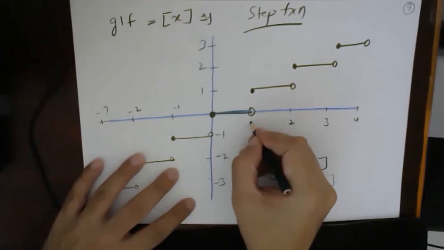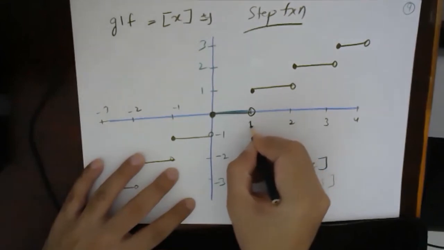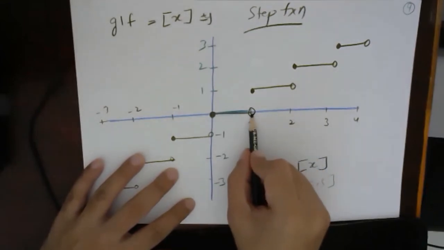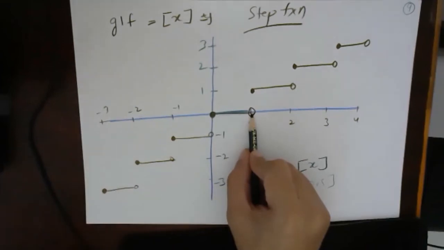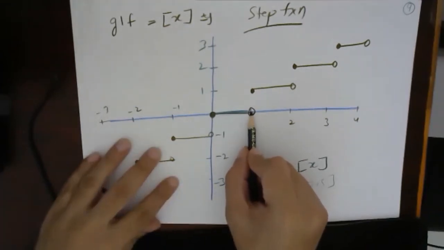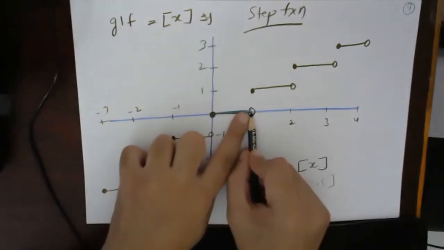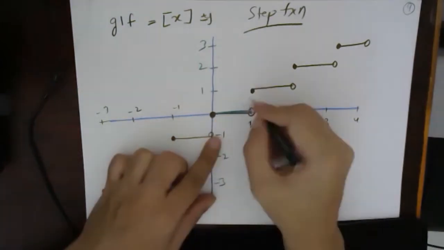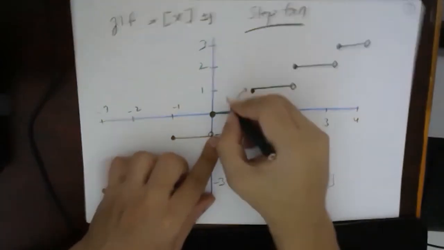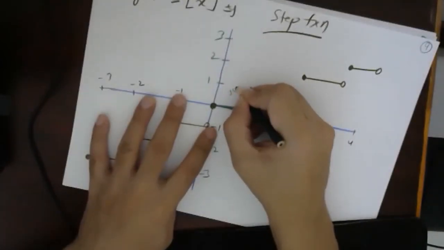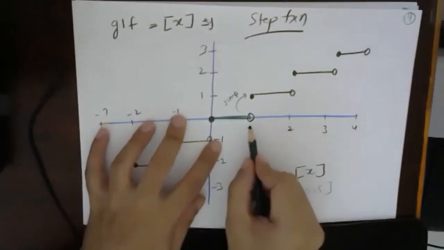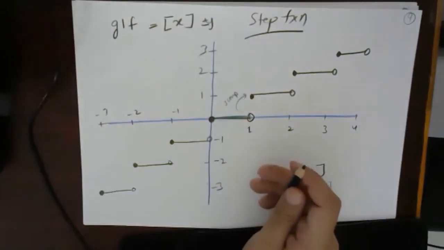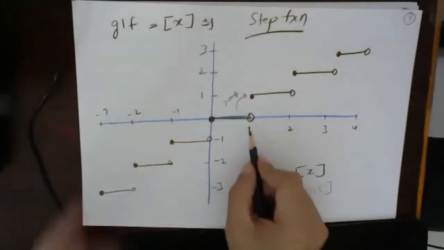As soon as I move to x is equals to 1, what will be the integral value? 1. So as soon as I move to 1, it jumped from 0 to 1. So from here to here it jumped. So we'll call it a jump, right? Because just before 1 it was 0.